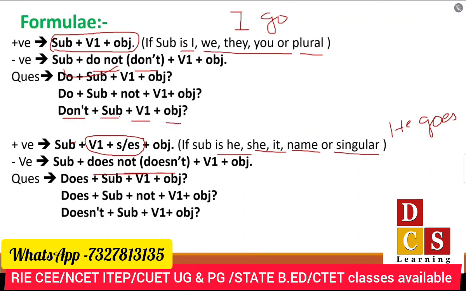If it's an interrogative negative question, you have to write do or not, or in short, don't at the starting, then subject, then verb one, and then object. Similarly here, it will be doesn't, then subject, then verb one and then object. Got it? Is it okay?